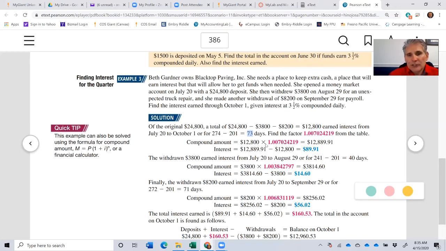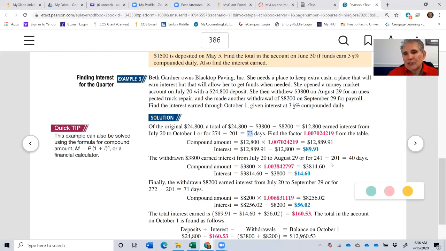And then from here on, we just focus on the actual withdrawals and for how long they were in the account. We know we made the entire deposit on July 20th, but we withdrew $3,800 on August 29th. So between July 20th and August 29th, that $3,800 was there. Let's figure out how much interest we earned on that $3,800. Well, but first, before we do that, we're going to figure out how many days.